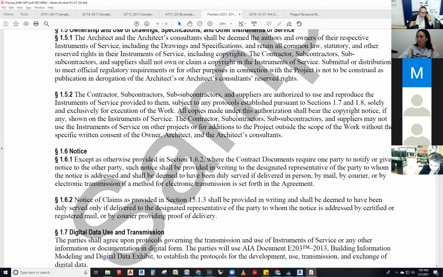All copies made under this authorization shall bear the copyright notice, if any, shown on the instruments of service. We got that copyright notice. We update it every year. The contractor, subcontractors, and suppliers may not use the instruments of service on other projects or for additions to the project outside the scope of the work without the specific written consent of the owner, architect, and architect's consultants.